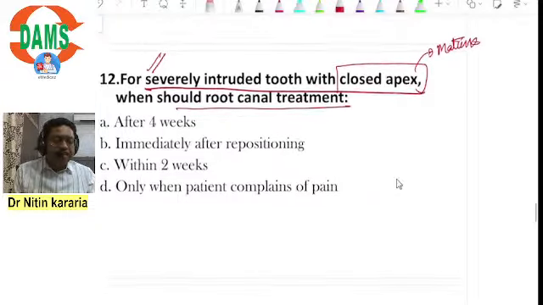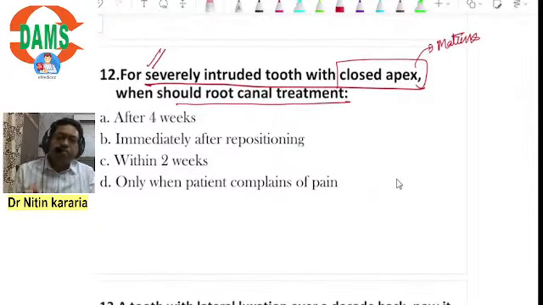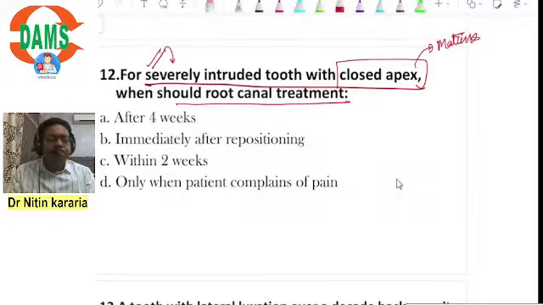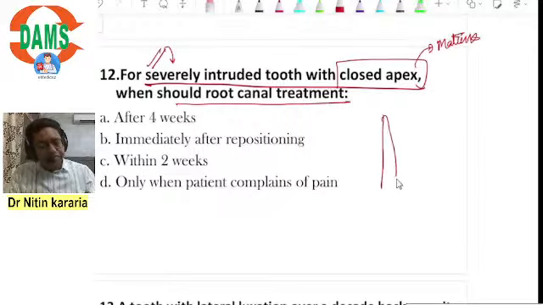See, we have already seen that intrusion is the most severe form of luxation injuries, and the question itself is talking about a severe form of intrusion. Severe form of intrusion means a fully formed tooth with a closed apex is severely intruded, means the pulp necrosis is most likely.